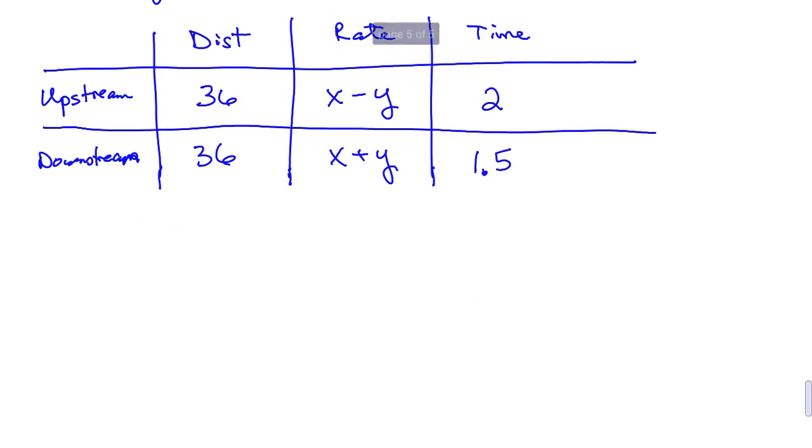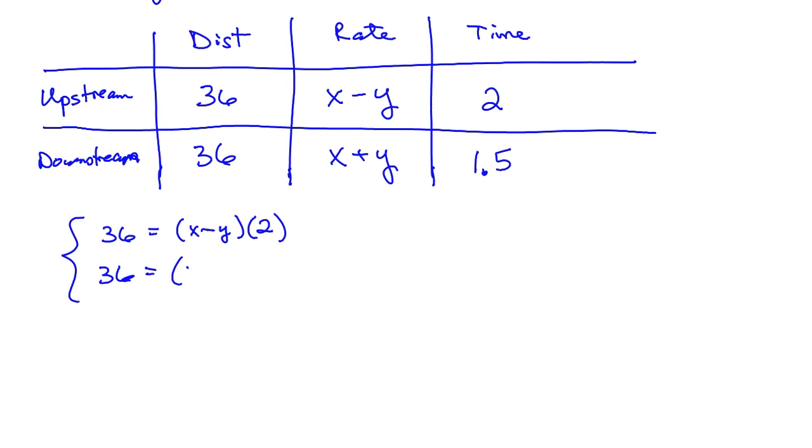All right, let's turn that into a system. So remember that distance is equal to rate times time. So distance equals rate times time, and distance is equal to rate times time.